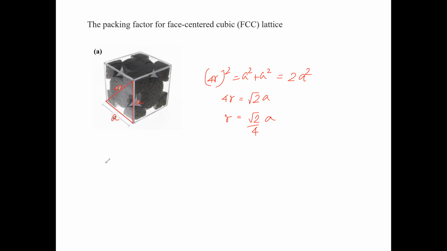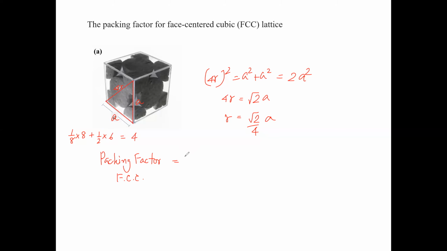Then we do the same. Packing factor for FCC. Count how many atoms in the FCC cube, right? Remember, 1/8 multiplied by 8 corners plus 1/2, right, on the face, multiplied by 6 faces.